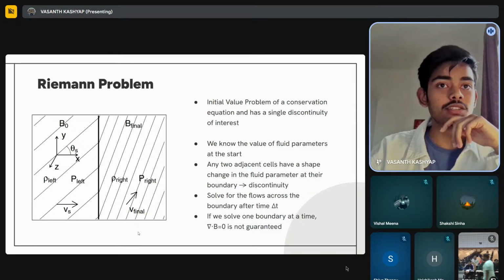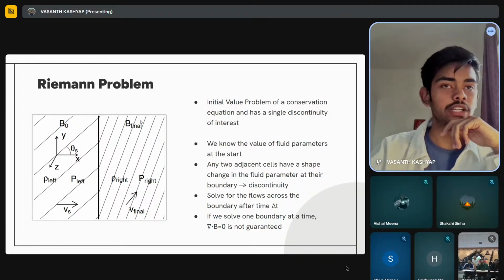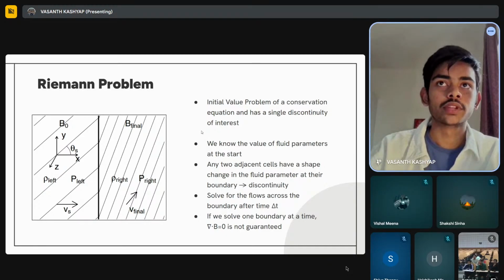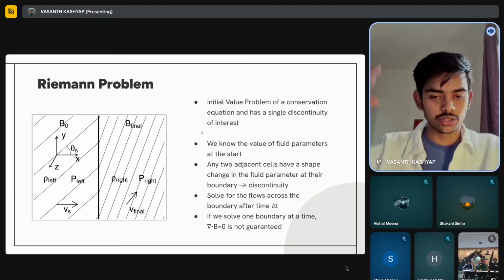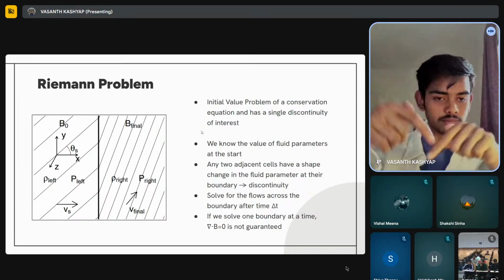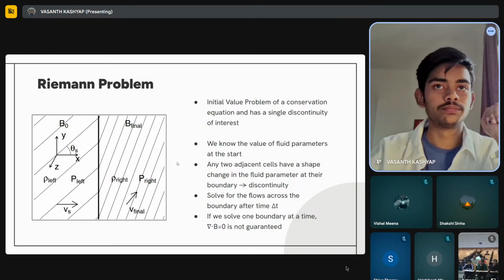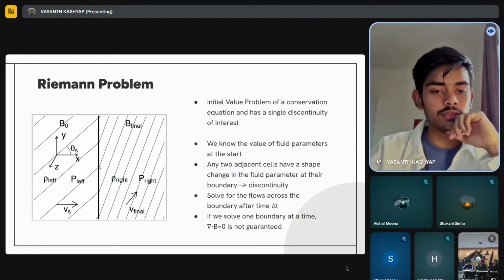Let's say there is magnetic field coming in from here, from here, from here, from here. It is coming in from all sides. That will obviously violate your divergence B equals 0 condition, because they're all falling in. Or the other way around, if they're all going out. So if you solve just one boundary at a time, you will not get the right solution.